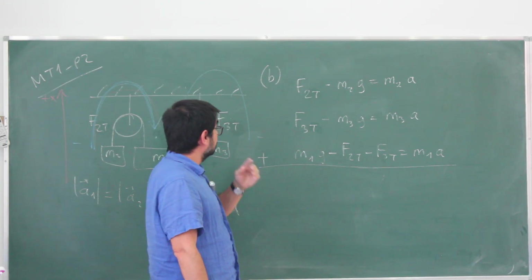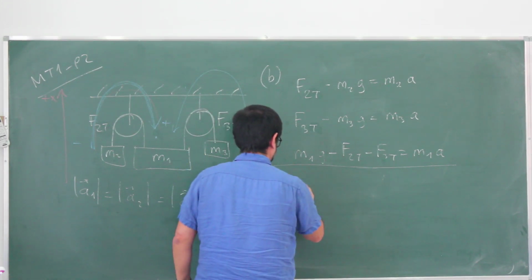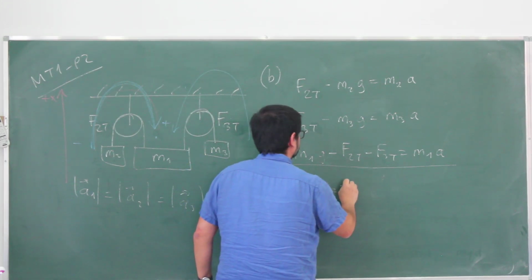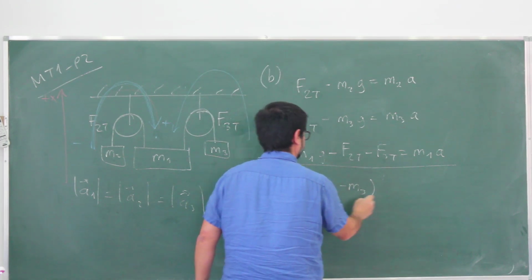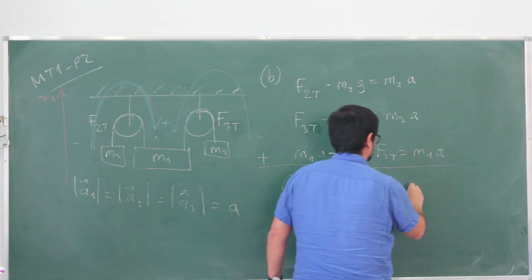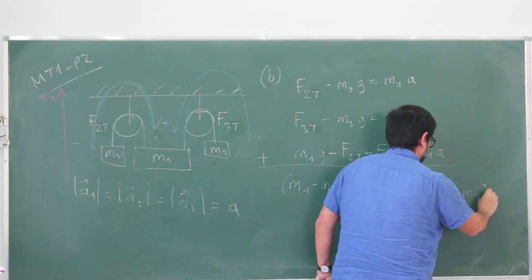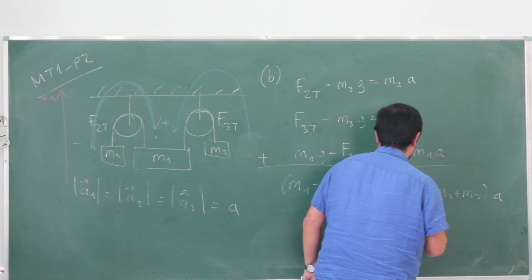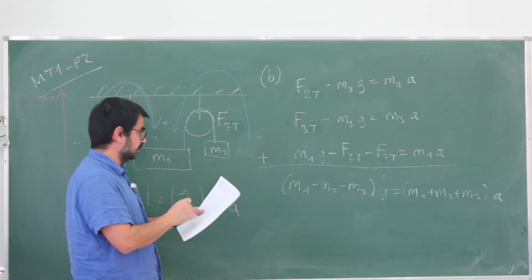On the left-hand side, I'm going to have (m1 minus m2 minus m3)g. And on the right-hand side, I have (m1 plus m2 plus m3)a. Okay? And g is 10, and these are given to be 40, 20, and 12.